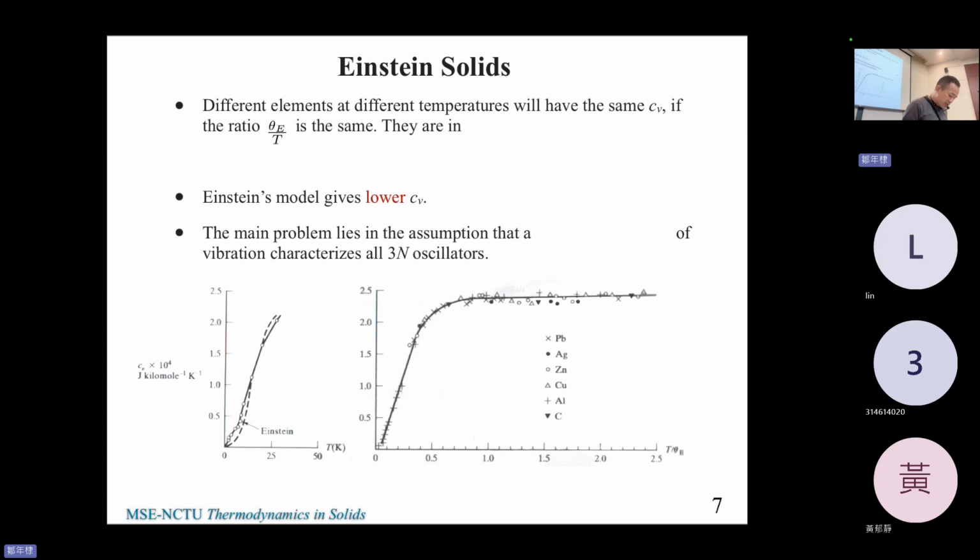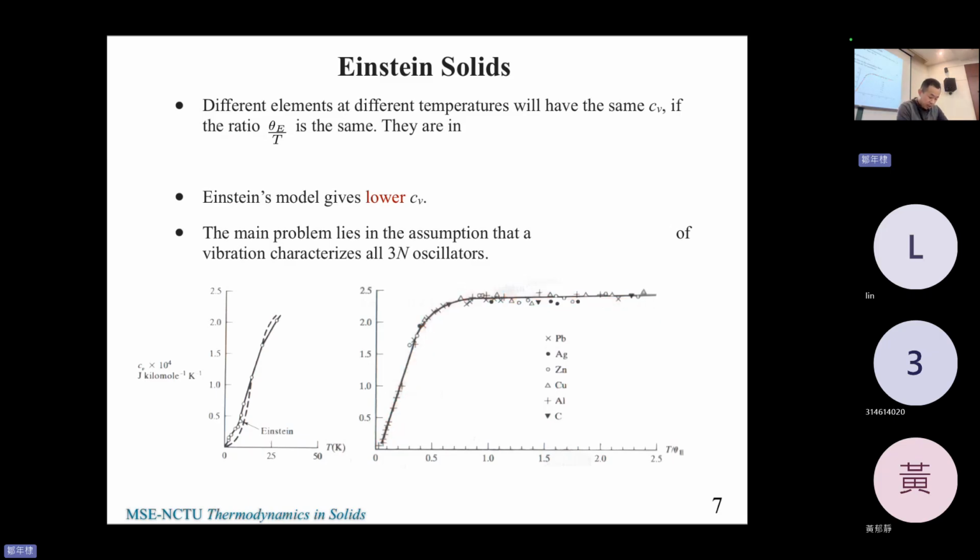So when we do the experiment, we found that if we measure different metals or different solids, like Pb, Ag, something, and we draw the CV here with X as T over theta E as a ratio, right? Then we find that they are all aligned in this curve.